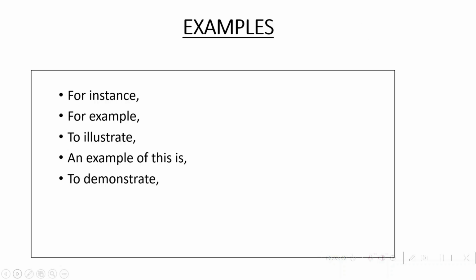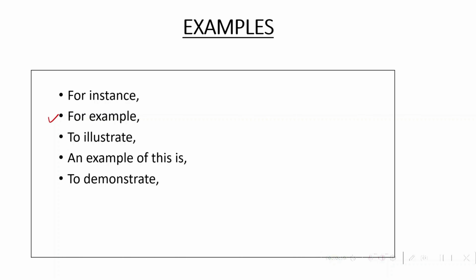Again, it is imperative that you use examples if you're writing an essay so that you justify your points. So before writing the example, the invigilator will have to know that you're writing an example. So you can write, one is obviously for example. You can write for instance, to illustrate.